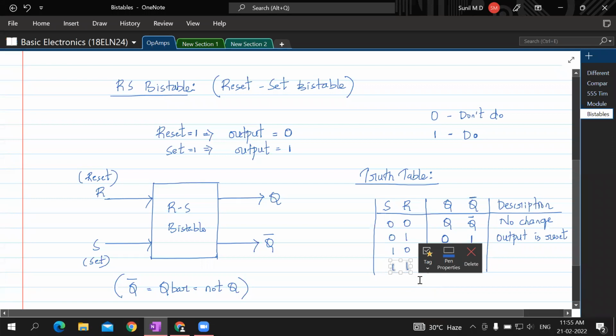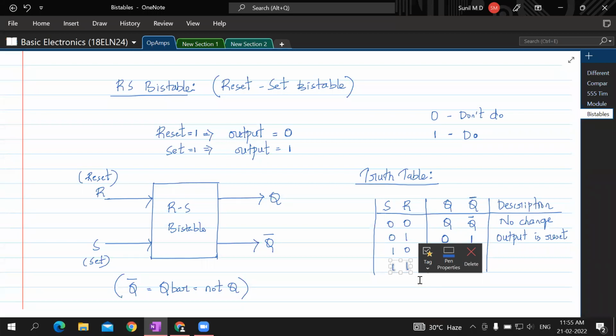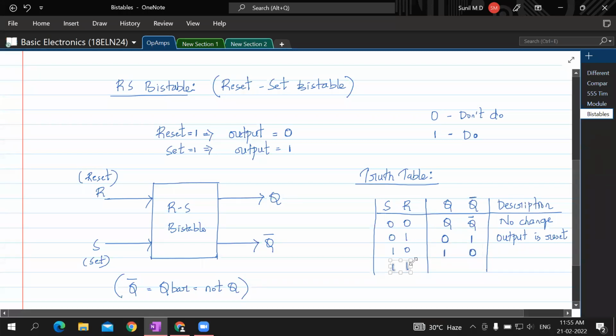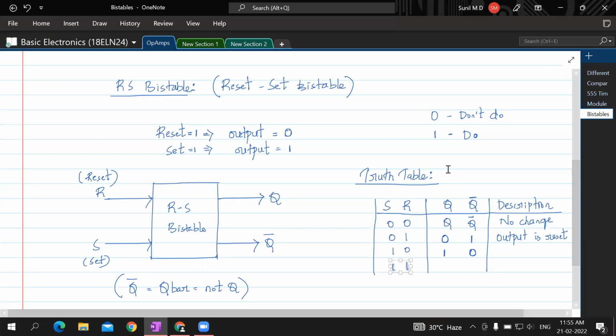Now, what is this telling you? S is also 1, R is also 1. So what would be your output Q for this particular combination of SR? This is interesting. Can you see what happens if S is 1 as well as R is 1?